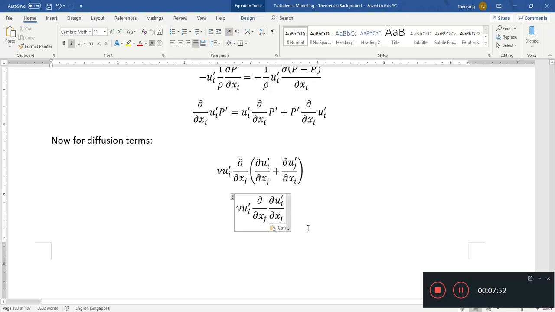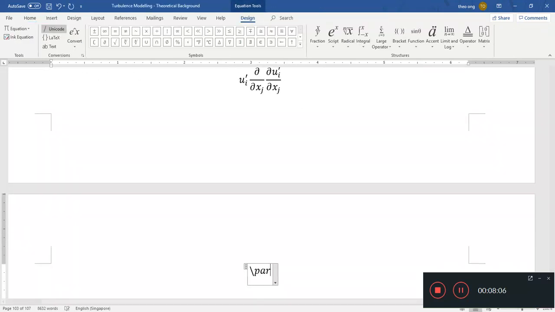Okay, and I have this, and what I want to do is to bring this ui term, I'll ignore the viscosity, into here. So what I can do is I do a second derivative of ui prime squared.